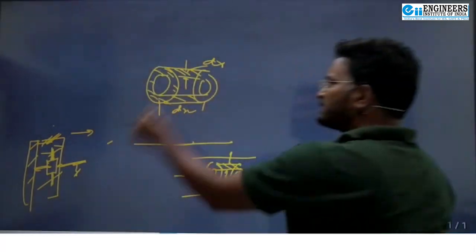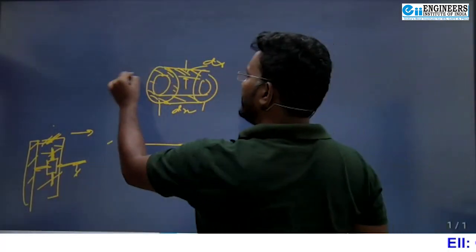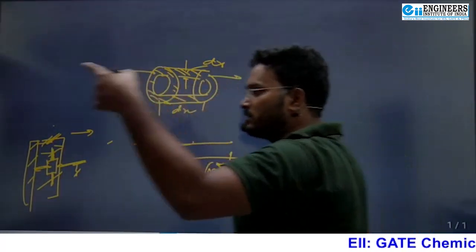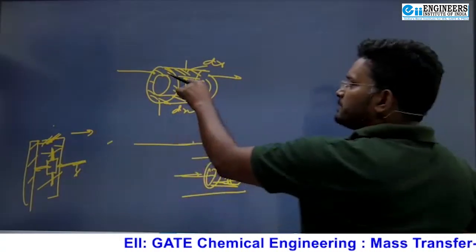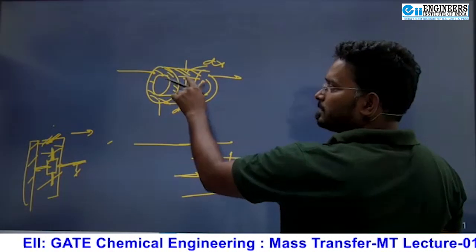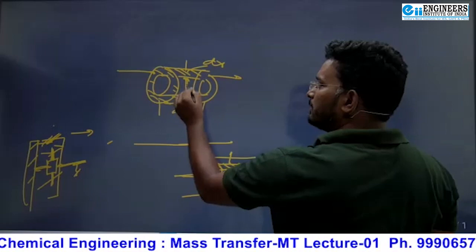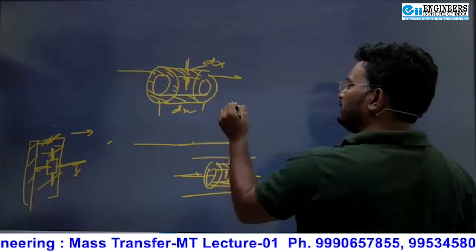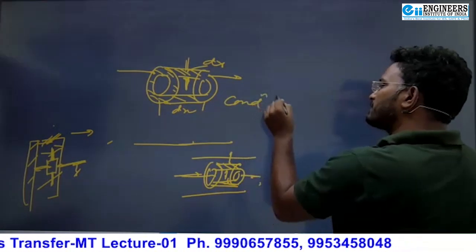Am I right? Yeah. In this case we have assumed only advection in the axial direction. There is no conduction in the axial. We have assumed the conduction in radial. Conduction in radial.